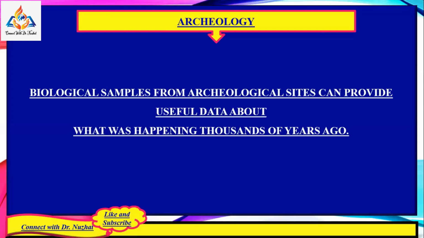Archaeology: biological samples from archaeological sites can provide useful data about what was happening thousands of years ago. The importance of this science, this is a biological science. Biological samples from the archaeological sites can provide data.